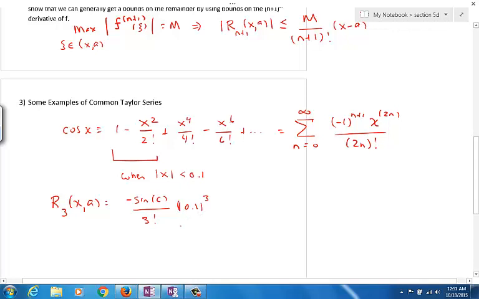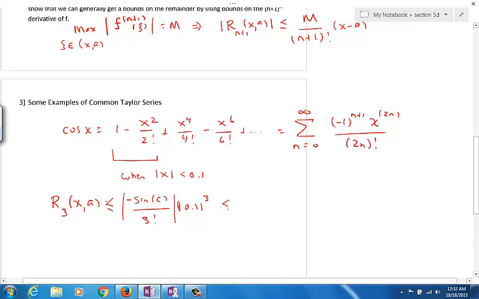Okay, so we know that when the absolute value of x is less than 0.1, the remainder has to be less than or equal to this. And I'm going to put absolute values on everything here. Now notice that sine, of course, is bounded by 1.